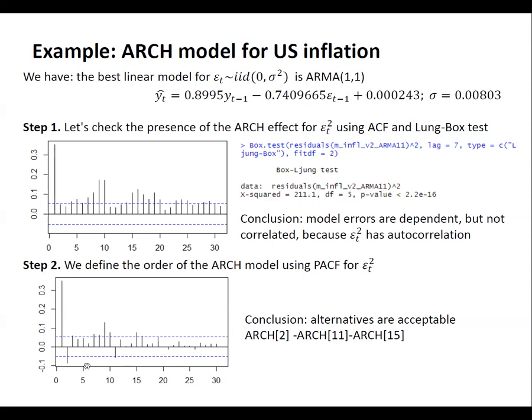Then again some significance at the 7th, 8th, 9th, 11th lags. So this second block can also be taken as a valid alternative, ARCH(11). The third burst of autocorrelation occurs somewhere around the 15th, 16th lag. So you can take the third alternative, ARCH(15).